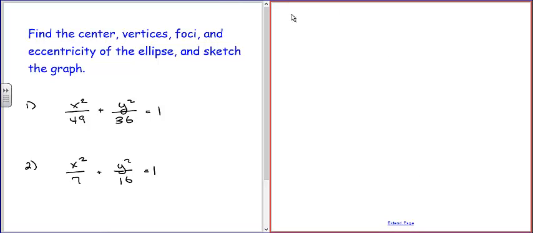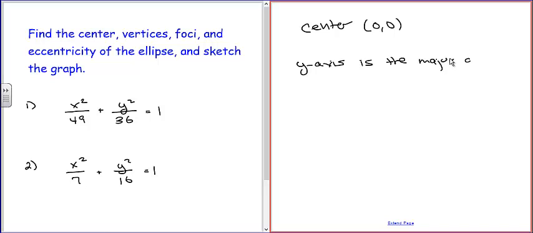So let's do the next one. So again, the center is 0, 0. In this case, the y-axis is the major axis because that's the bigger denominator. So a is always the length of the major axis.